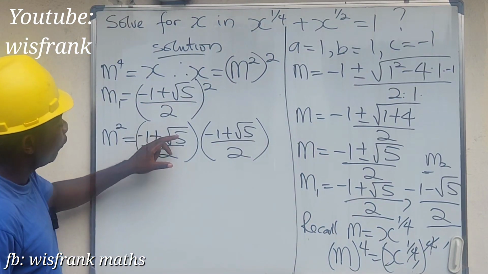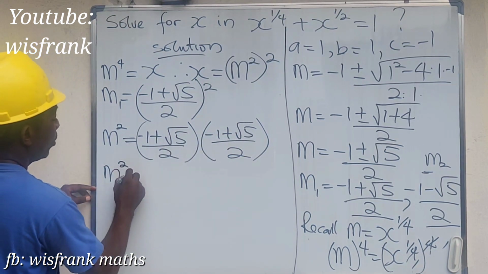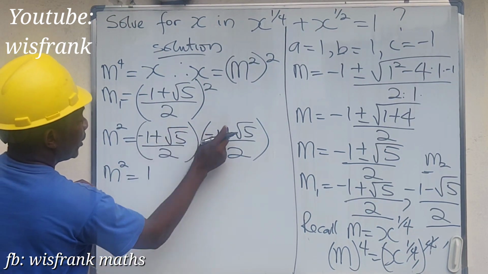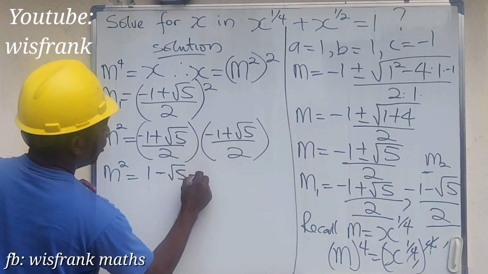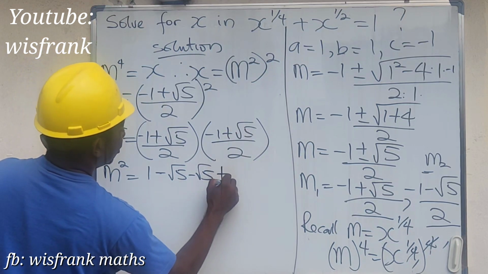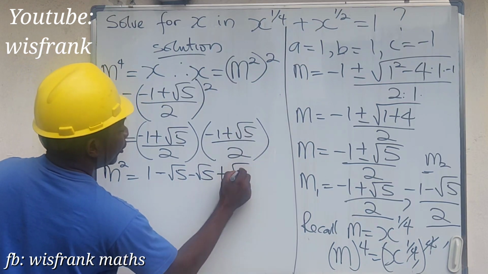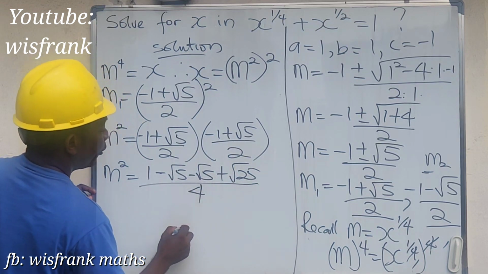So now, if we expand this, it will give us minus 1 times minus 1. Therefore, m squared equals 1. Then this time this will be minus root 5. Then we have root 5 times minus 1, we have minus root 5. Then root 5 times root 5 will give us plus root 25, all over 2 times 2, we have 4.